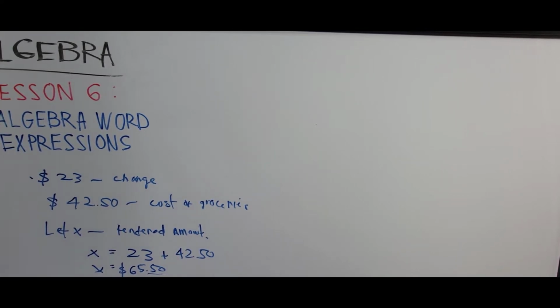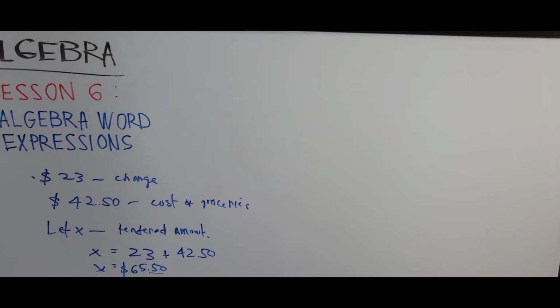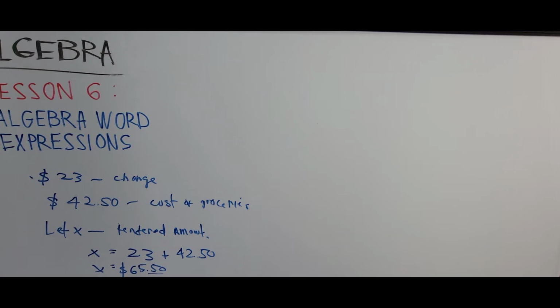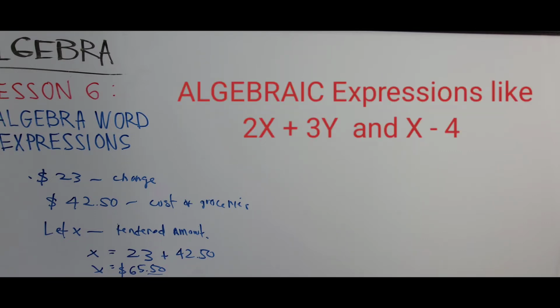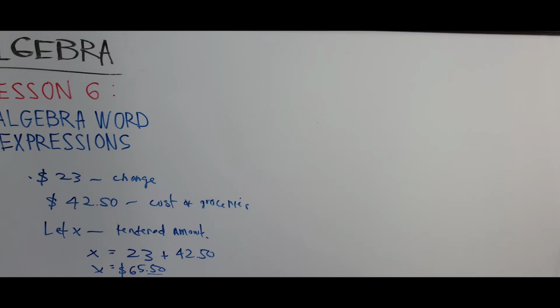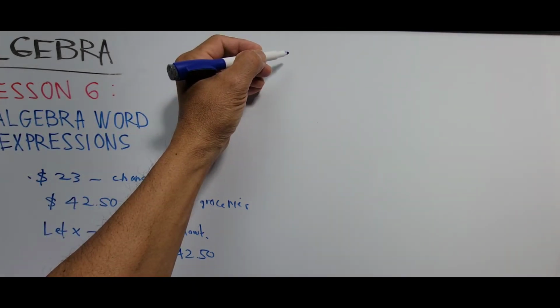And now, how do we turn words into algebraic expressions? Algebraic expressions are different from numerical expressions, but they're alike. Numerical deals with numbers, and with algebraic expressions we deal with variables. Simple as that. But how do we turn words into algebraic expressions? So let's describe, say in words, 2 less than 5.